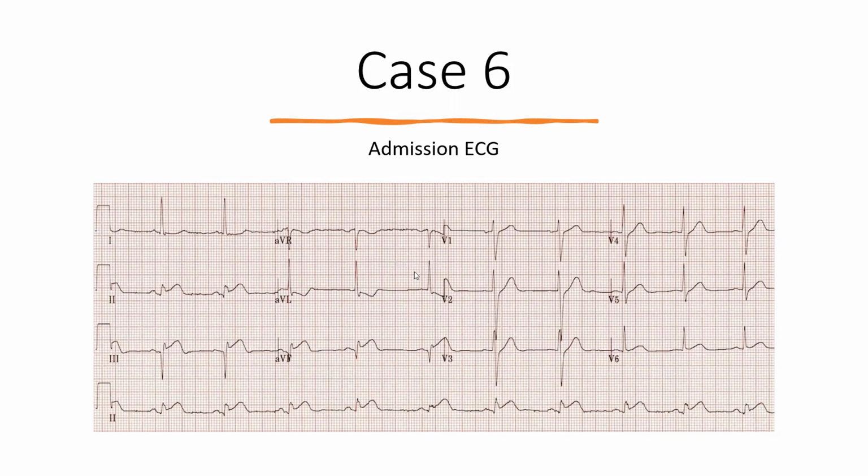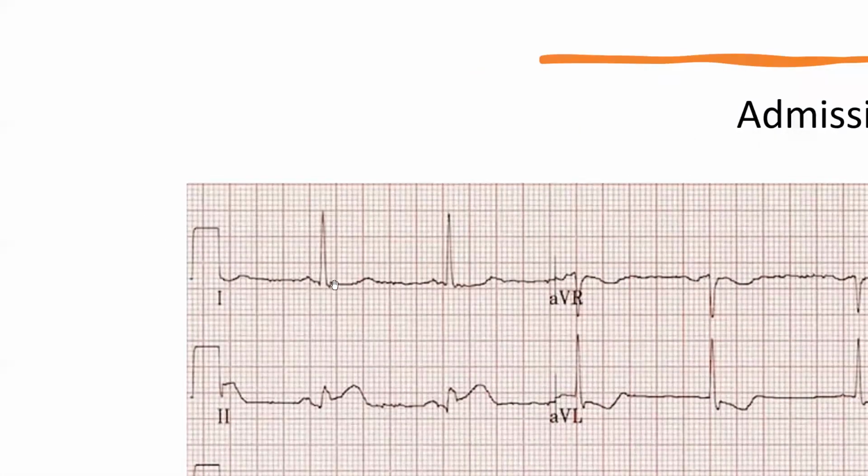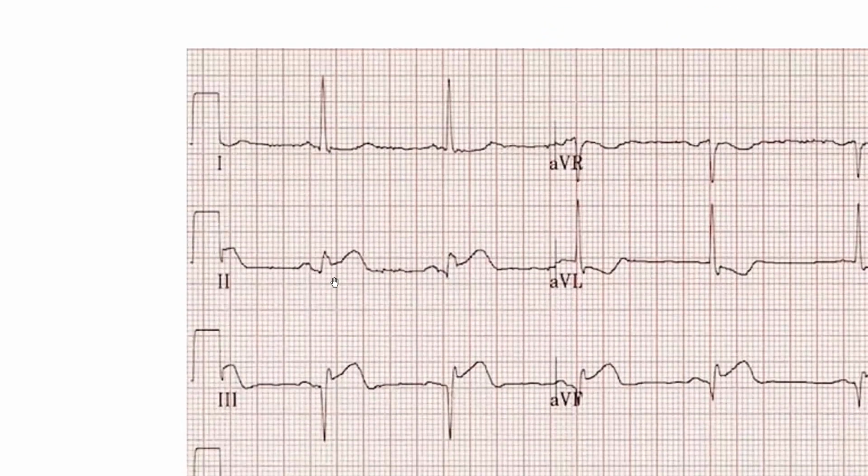So we need to do it systematically. If we take a look over here at lead 1, we notice that the ST segment is within the same plane as the baseline. So therefore, there's nothing abnormal in lead 1. However, when we go to lead 2, we notice that this is the baseline right here, and the ST segment is right over there.